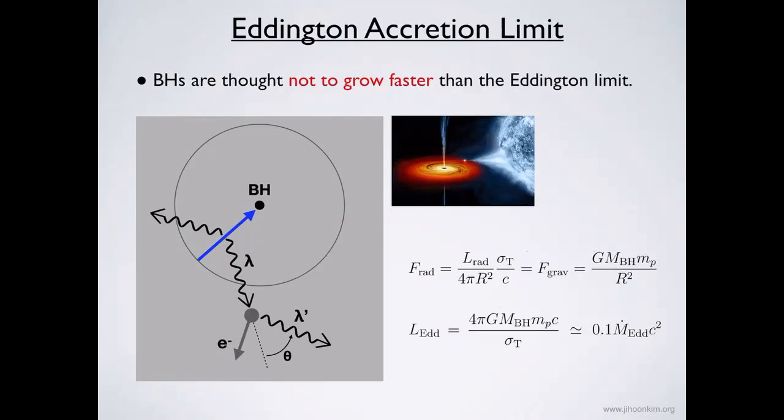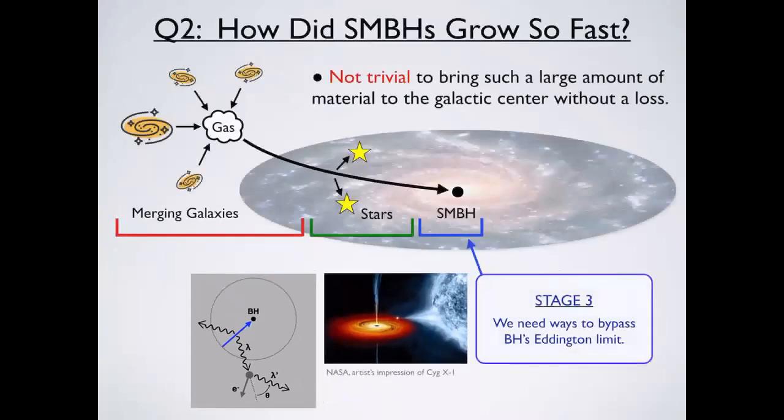So this radiation gives radiation pressure to the later coming material. So it makes a negative loop. As soon as one proton goes in, its radiation energy keeps the second proton from going in. So it's a negative feedback process. So there is a fundamental limit there, and that's called the Eddington limit.